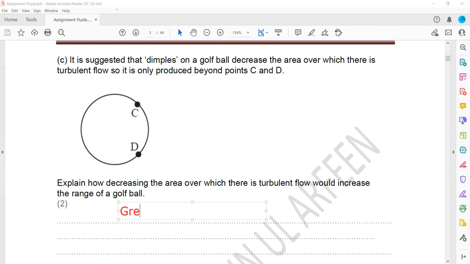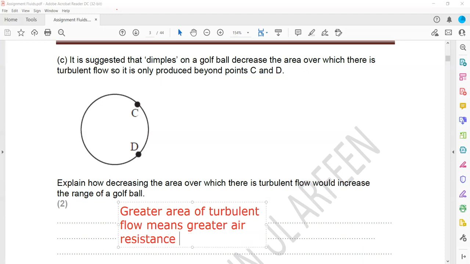Or we can say the greater area of turbulent flow means greater resistance, which causes loss in energy, or dissipation of energy.